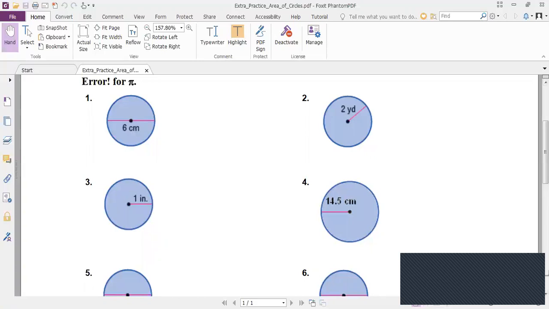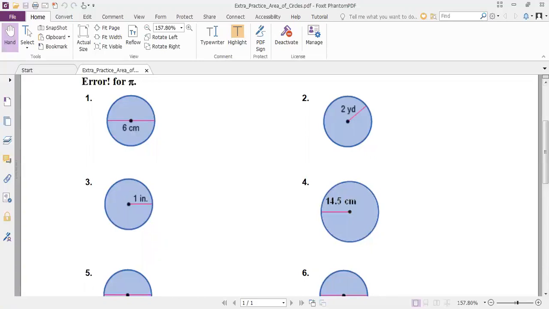1 times 3.14 equals what? 3.14. So the result here is 3.14 what? Inch. So the result here is 3.14 inch, okay? After that, Faisal, I have question number 4.